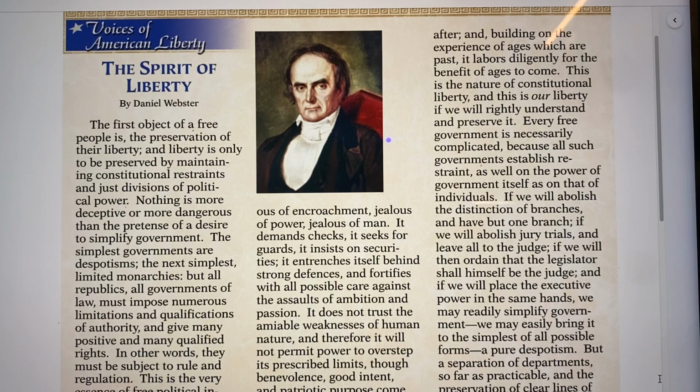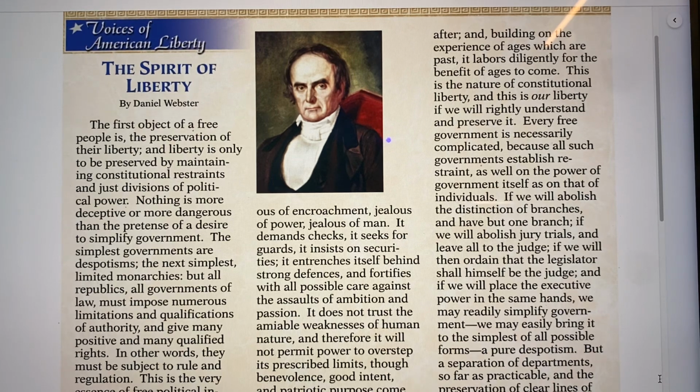So he says there are clear lines of division here that we must be aware of, and these clear lines of division will prevent us from going into a full-on takeover.